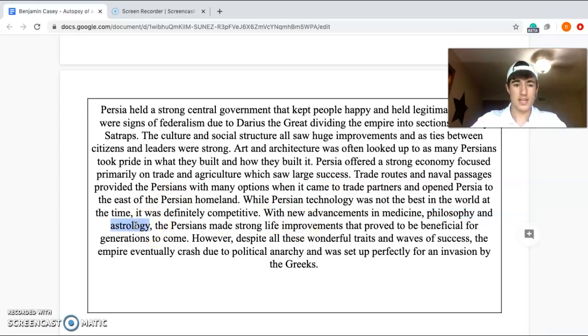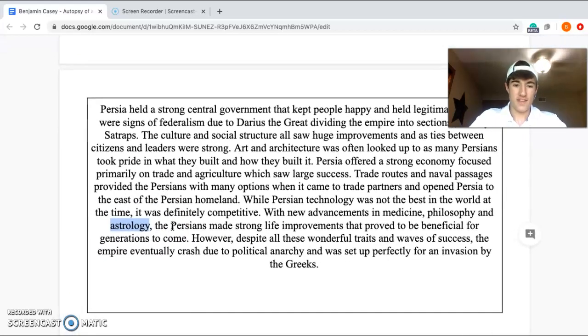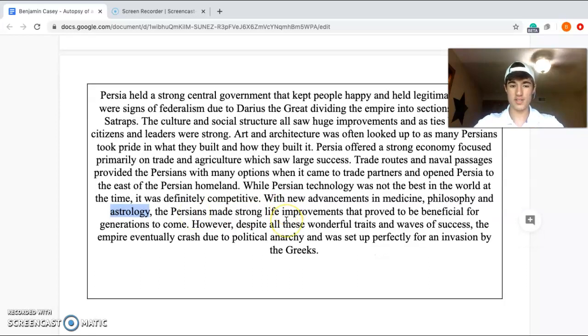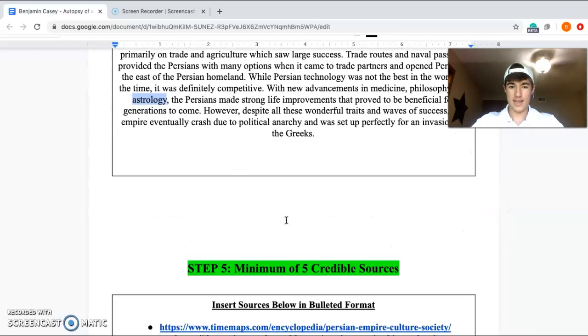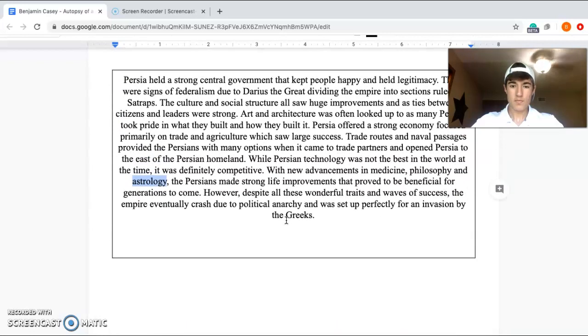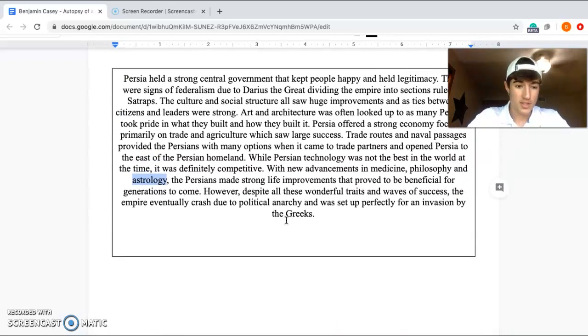I read an article that said some of the Persians' discoveries in medicine are still used to this day. So they were not just some empire that rose up and then fell, and we've never heard from them again. No, they were strong, and their traditions and their creations have lasted thousands of years. So kudos to the Persians.